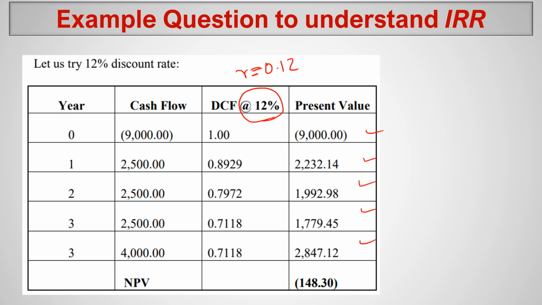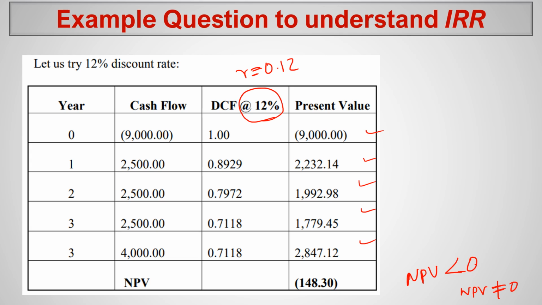Then we find a negative 148. So NPV is less than 0. So this is again not equal to 0. We want to make NPV 0, so this is going to the extreme end.